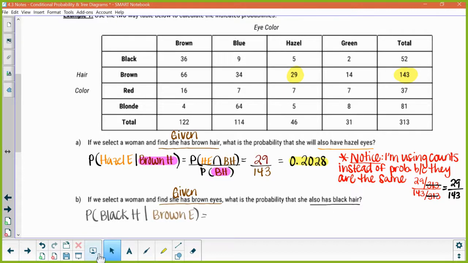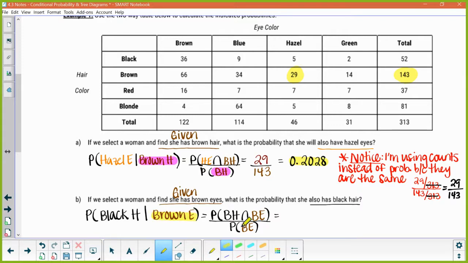So I'm going to do probability of black hair given that she has brown eyes. So I'm going to write my probability statement, black hair and brown eyes over the probability of brown eyes. And again, I have my denominator matching my given statement.